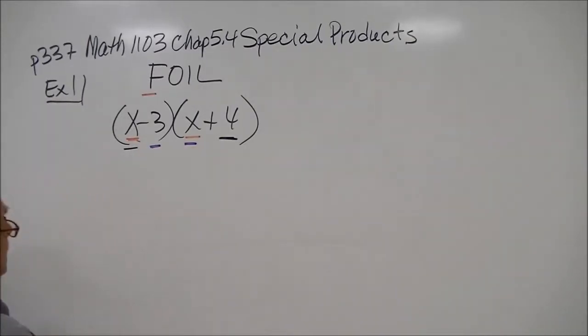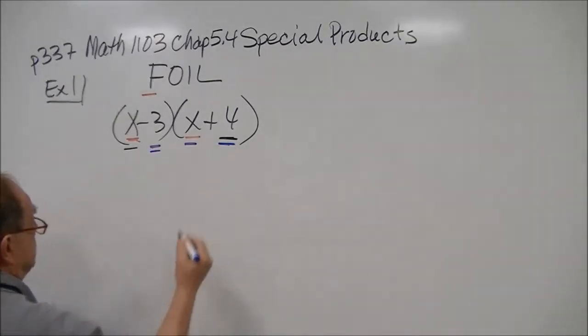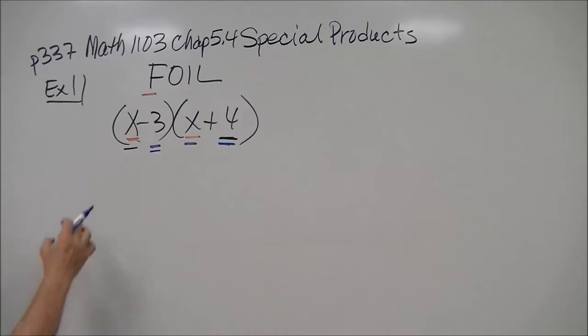And the L stands for the last terms. Now notice there are two little lines under each one, so that indicates everything is covered. So foiling is just a way to do it, and a very useful way, and they want you eventually to be able to do it mentally.